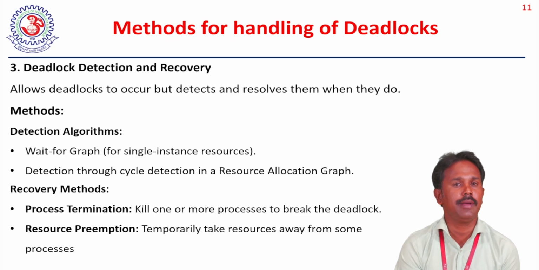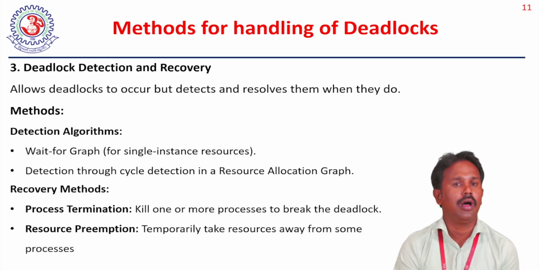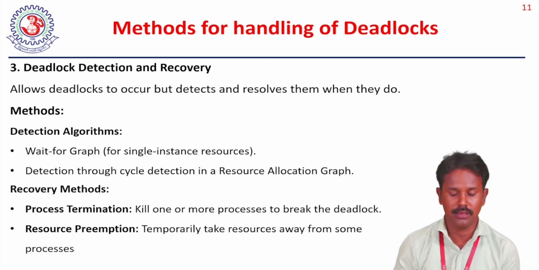With these two methods, we can detect the deadlock, and we can recover from the deadlock by using process termination and resource preemption. Process termination means killing a process to break the deadlock. Resource preemption means that while executing the process, temporarily we can take the resources away from some processes.